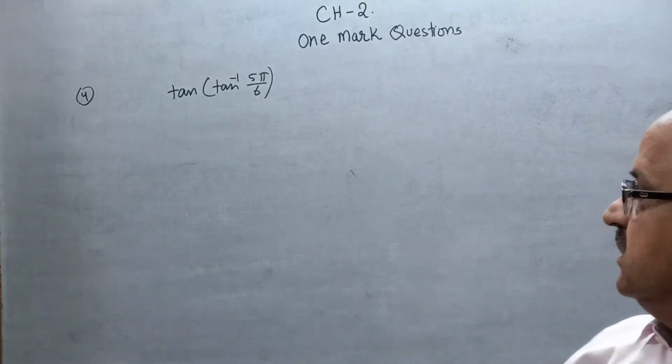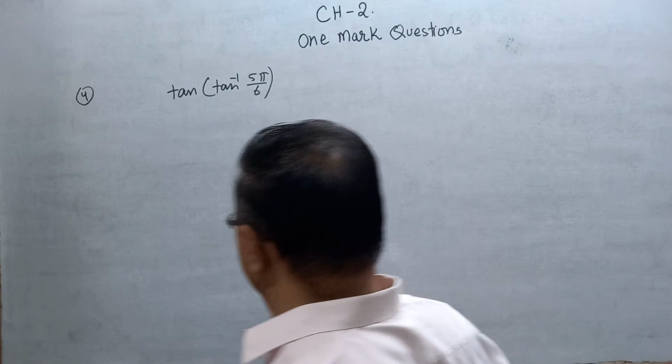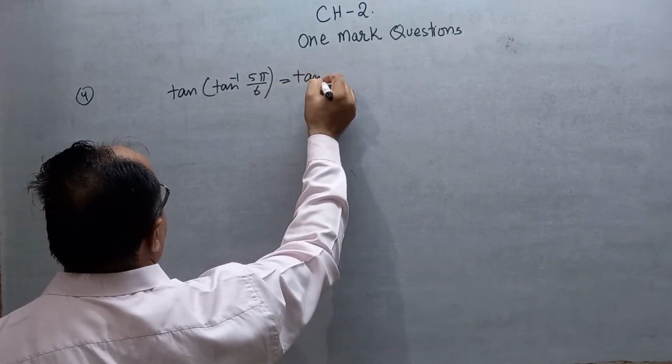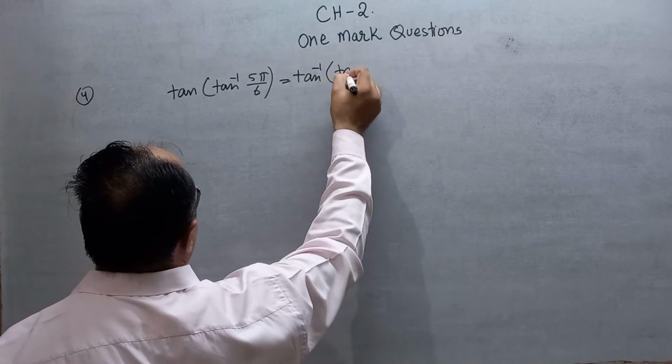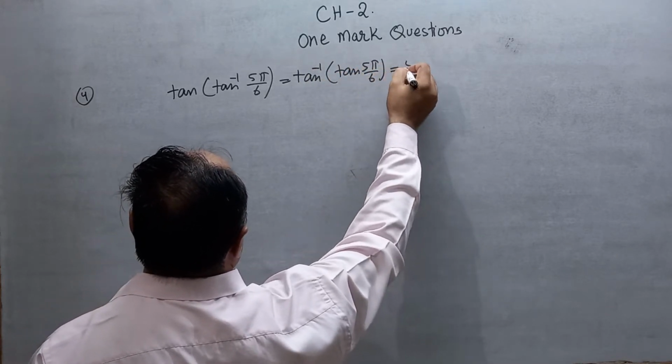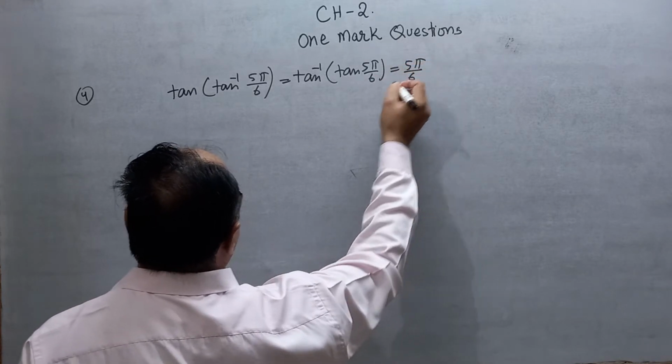Okay? Find the principal value. You can write it with the same meaning, tan inverse of tan 5 pi by 6, that is equal to 5 pi by 6.